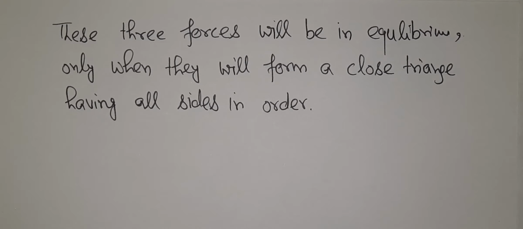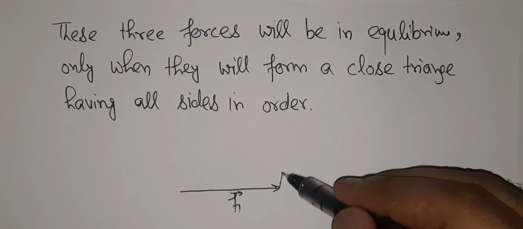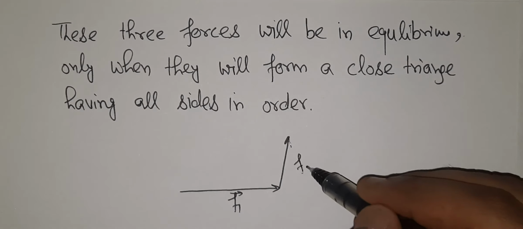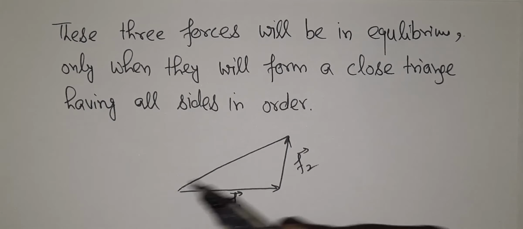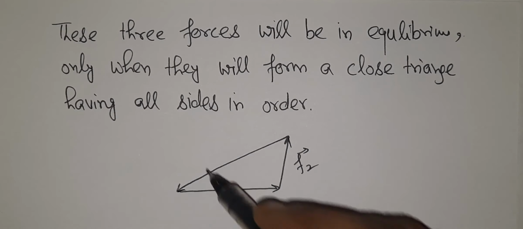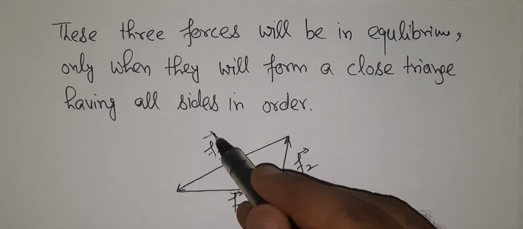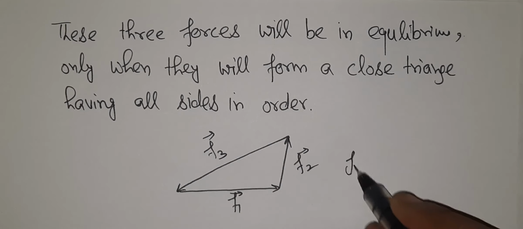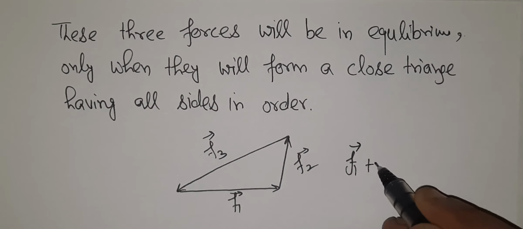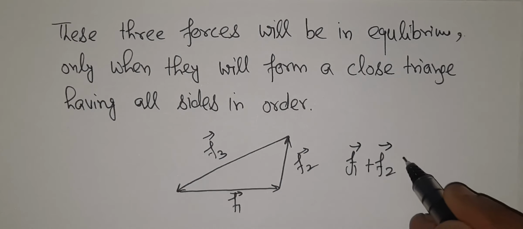Just think of the situation something like this: F1, F2 and F3. As they are forming a closed triangle, they will definitely have their resultant equal to 0.